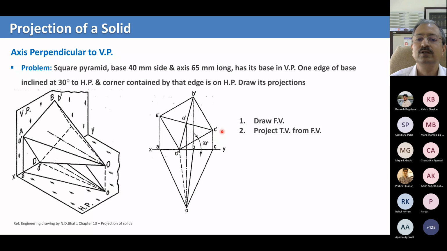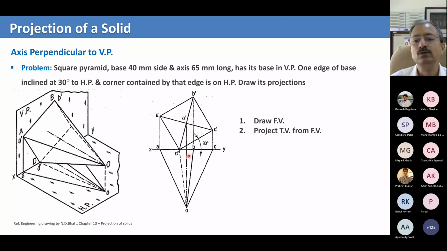Now you know the lengths D dash C dash, C dash B dash, B dash A dash, A dash D dash, four perpendicular lines of 40 millimeter side, that you are able to draw. And the intersection of these four is your point O dash, that is the projection of O on the vertical plane.